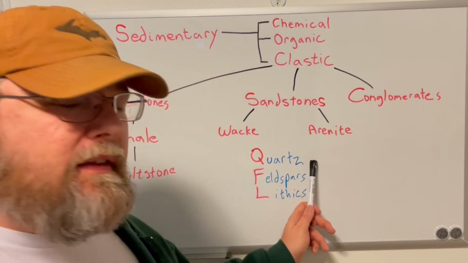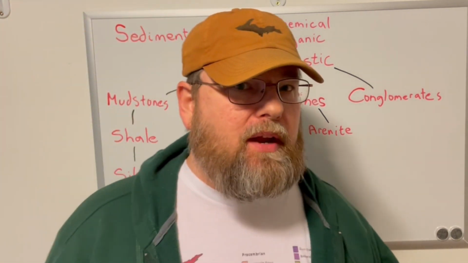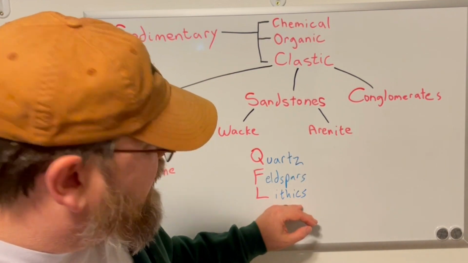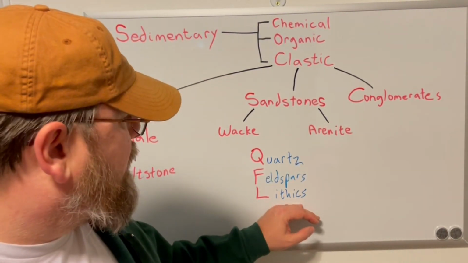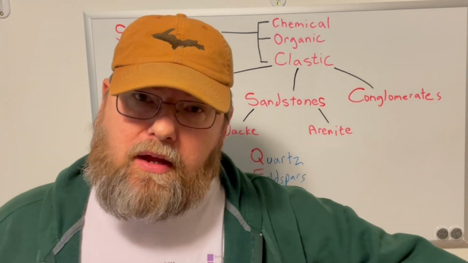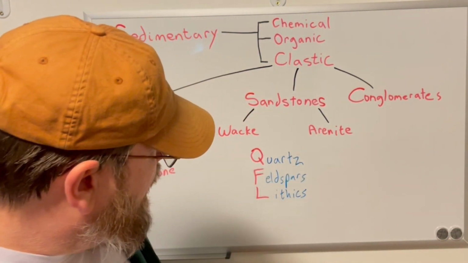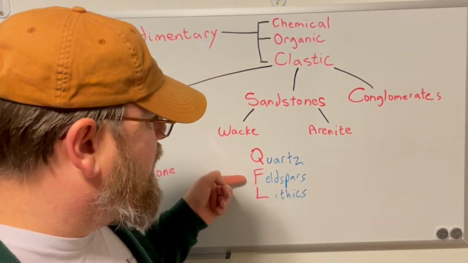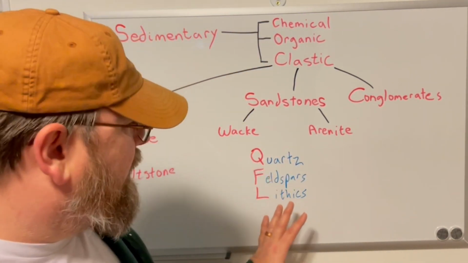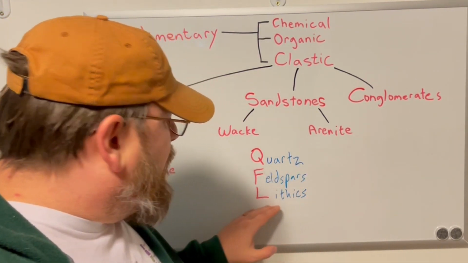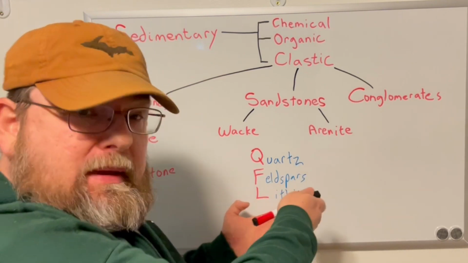Now this gets complicated and we're not going to go down the rabbit hole here on this, but some quartz can be put in lithics. Well, what are lithics? Lithics, which will be on your lower right side of your QFL plot, are broken down rock fragments that don't fall in here. But I'm going backwards here because these two are closely tied together. So rock fragments, that's what lithic means, rock.